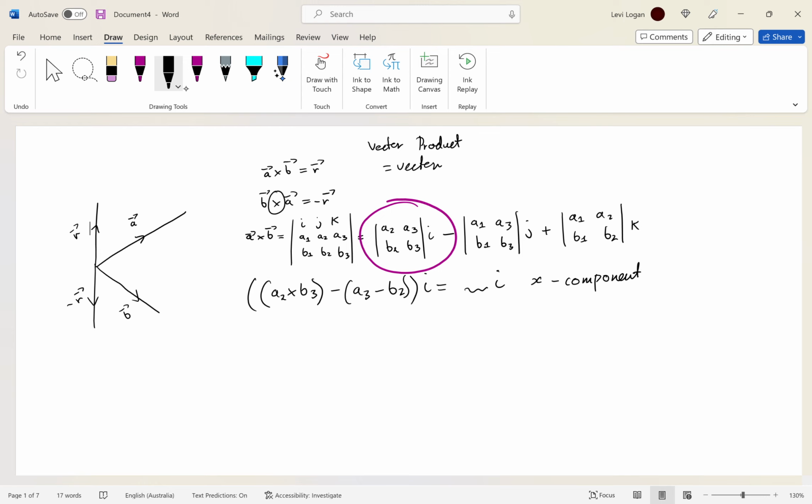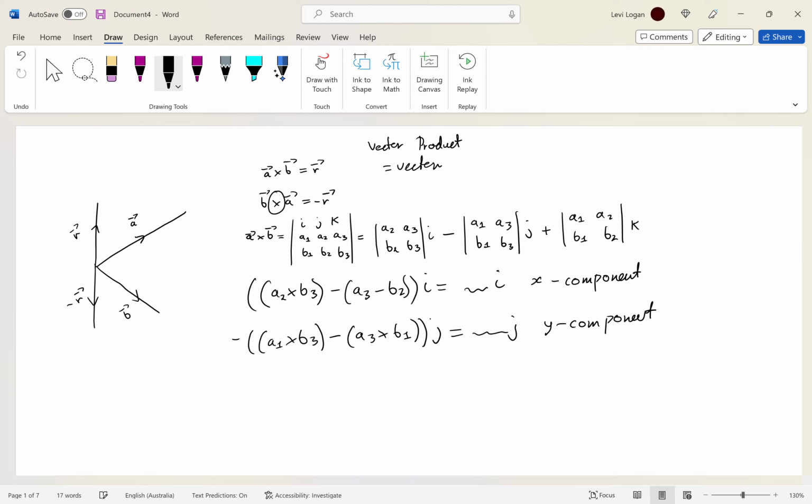Then we've got to find the determinant of this matrix here. Now we have a negative sign at the front, so we can't forget that as well. So what we do is negative brackets, then you find the product of A1 multiplied by B3, subtract the product of A3 multiplied by B1, brackets, J. And that'll give you some scalar, and that'll be our Y component.